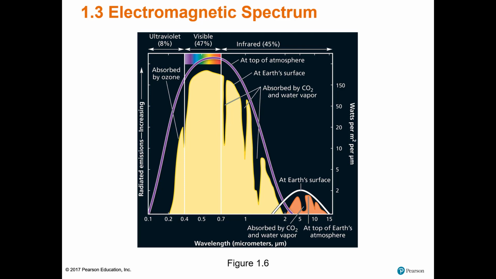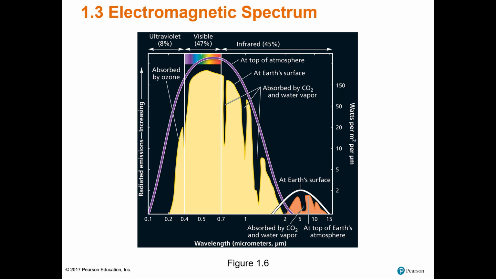So here is an example showing you wavelength graphed against radiated emissions, and the units of this are watts per meter squared per micrometer. It's indicating how much energy in watts per meter squared is generated per micrometer of wavelength.